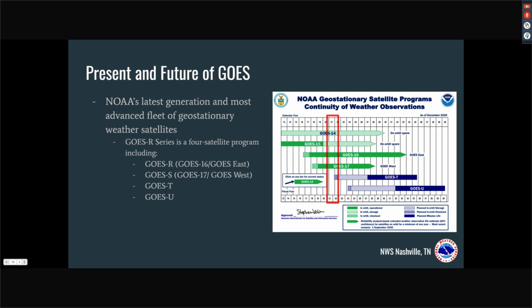So looking at where we are today, up here in 2021, we actually do have 4 satellites in orbit that we use. We have 2 on-orbit spares from 14 and 15. GOES 14 is basically used in the middle of 16 and 17 if something were to happen, whereas 15 is being used as storage.